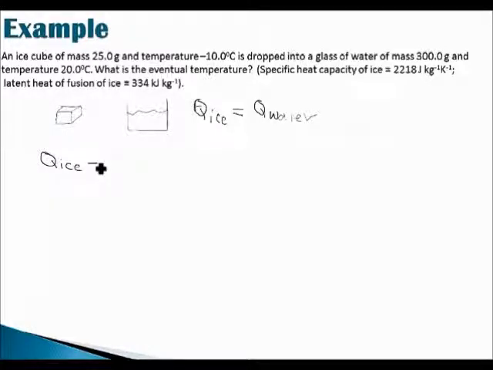So let's first start looking at the ice cube. The ice cube heats up, and then it heats up to 0 degrees Celsius. So it heats up to the freezing point of water. But then specific latent heat comes into play, because if we look at the graph, that transition from a solid to a liquid, there is heat energy, but the temperature remains constant.